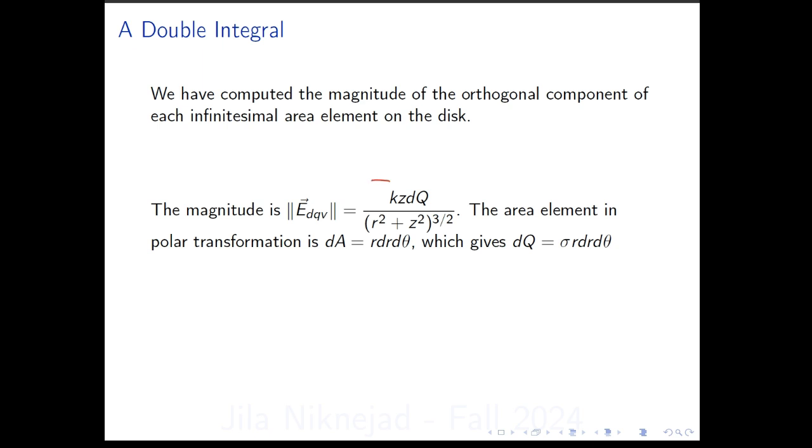The area element in polar transformation is dA equal to r dr d theta, which gives dq equal to sigma r dr d theta.